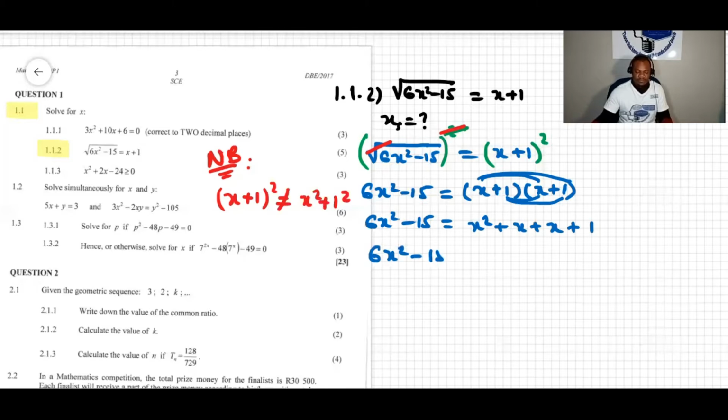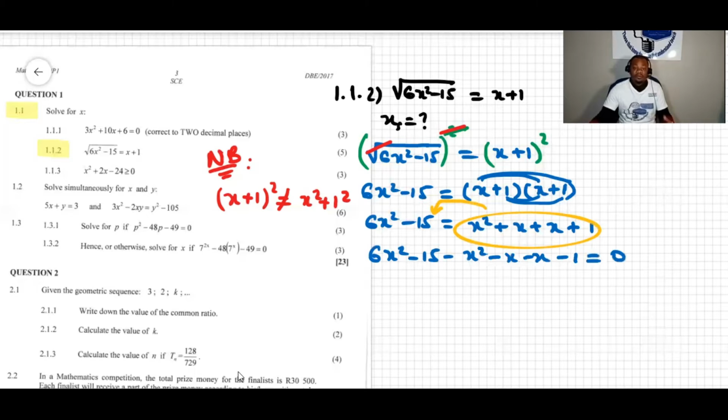Before we do that, we can move the right hand side into the left hand side, everything over here. You can take all this and move it there. So this will be 6x squared minus 15 minus x squared minus x minus x minus 1 equal to 0.